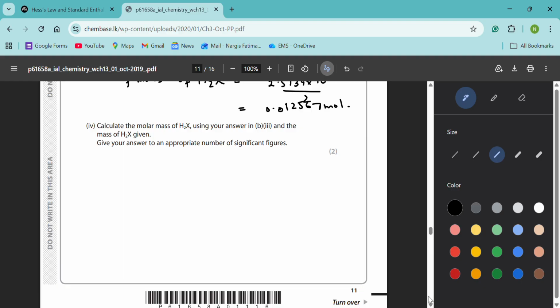Okay, so you need to calculate the molar mass of H2X. You have the mass of H2X that was given in the question, 1.13 grams, and you have the moles, 0.01257 moles. So you can easily find the molar mass.